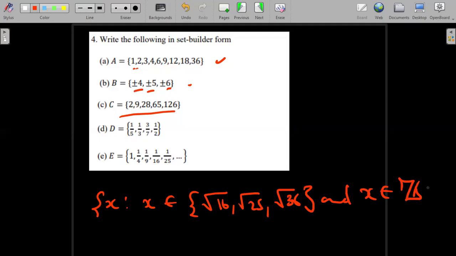X is an integer, meaning it can be positive or negative. So when you define this here, you get 4, 5, and 6, and plus minus, because we're talking that these are integers. So you could have written it like this as well.